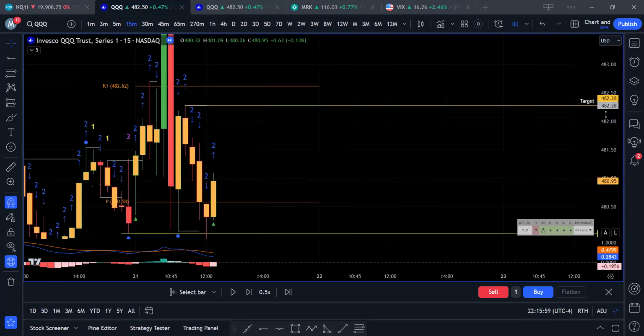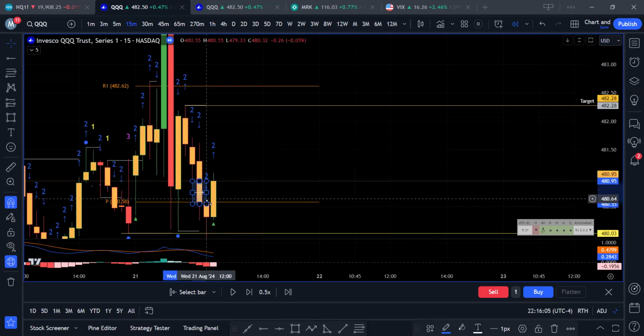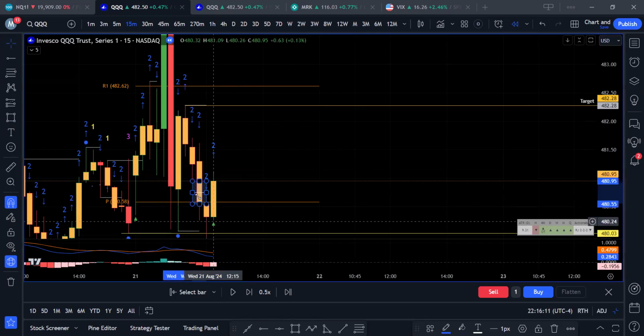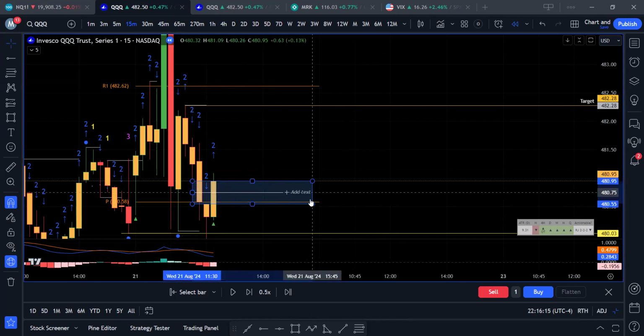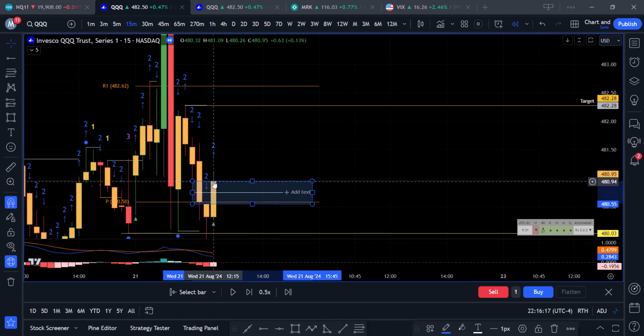Now I'm zooming into the 15-minute and I'm identifying my fair value gap, bearish, okay? Remember, we're coming from the lows, right? We swept the lows on liquidity, so I'm looking for a bearish fair value gap, and I'm looking for a bullish displacement above it to violate it and therefore turn it into an inversion fair value gap, right?